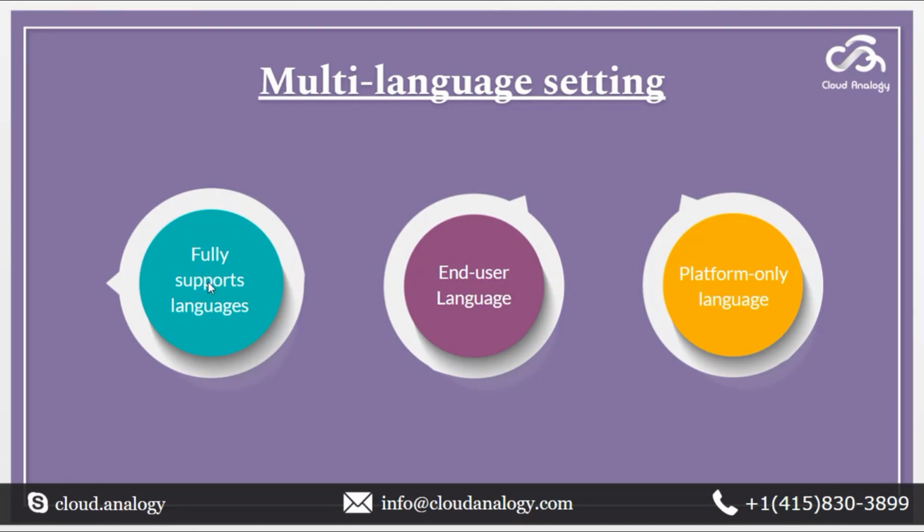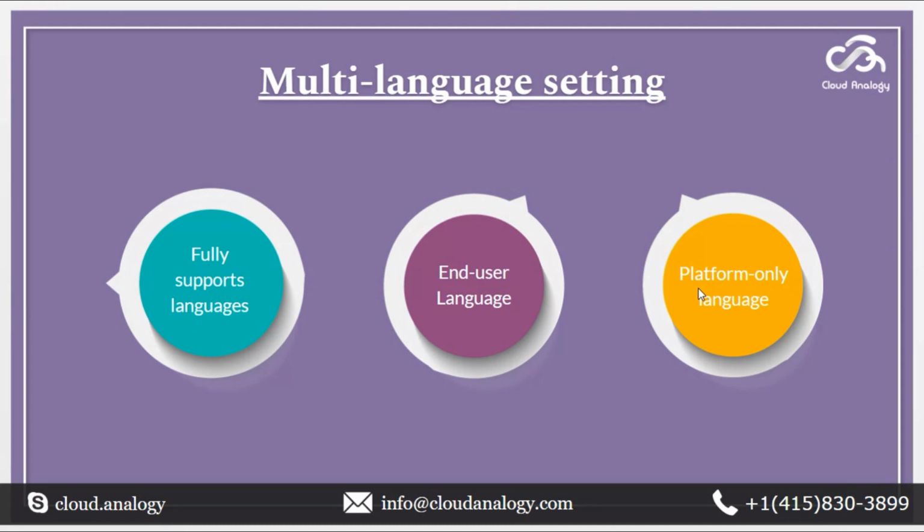First of all, fully supported languages. For fully supported languages, translations are available out of the box for standard objects and fields, the setup menu and help articles. End-user language. For end-user languages, Salesforce provides translated labels for all standard objects and pages, except administrator pages, setup, and help.